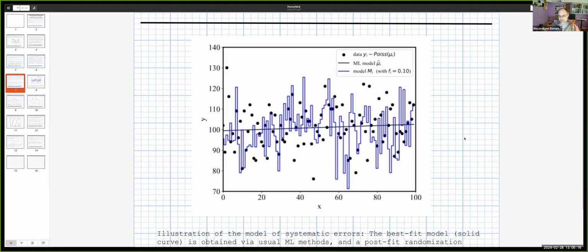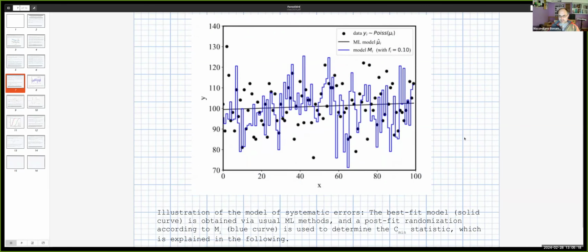After the fit, you enforce at each data point a randomization according to this random variable m_i. The idea is that this is the kind of randomization which represents an intrinsic model variance that we can use to determine the minimum statistics in the presence of systematic errors.